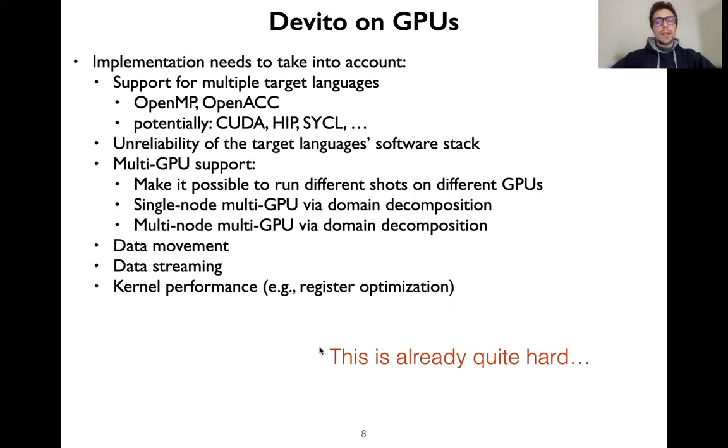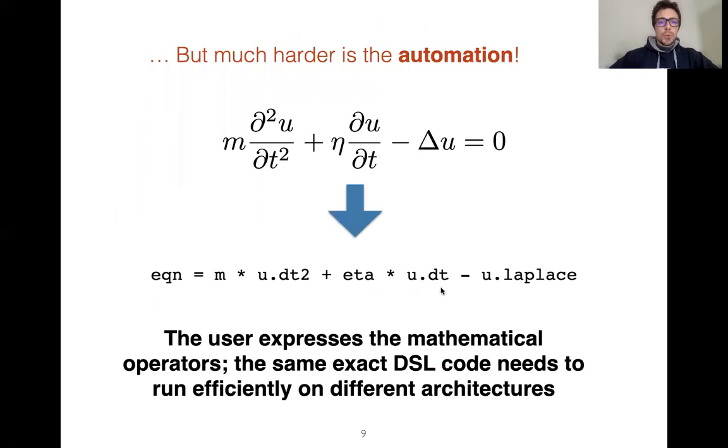So this is already quite hard, but what really is so much harder is the automation. So Devito is a compiler, right? So for any sort of equation, for any sort of problem written with the symbolic language, it doesn't even have to be finite difference, the compiler must be able to generate functional, efficient GPU as well as CPU code.